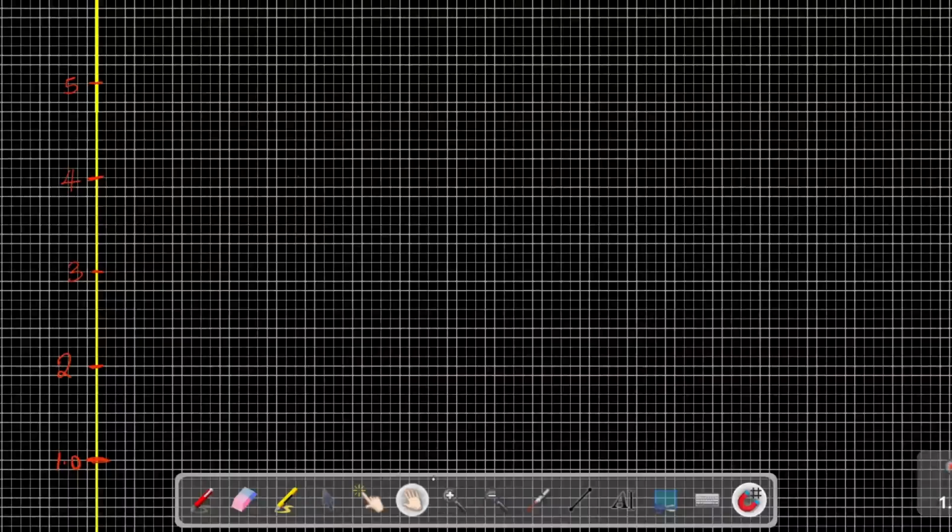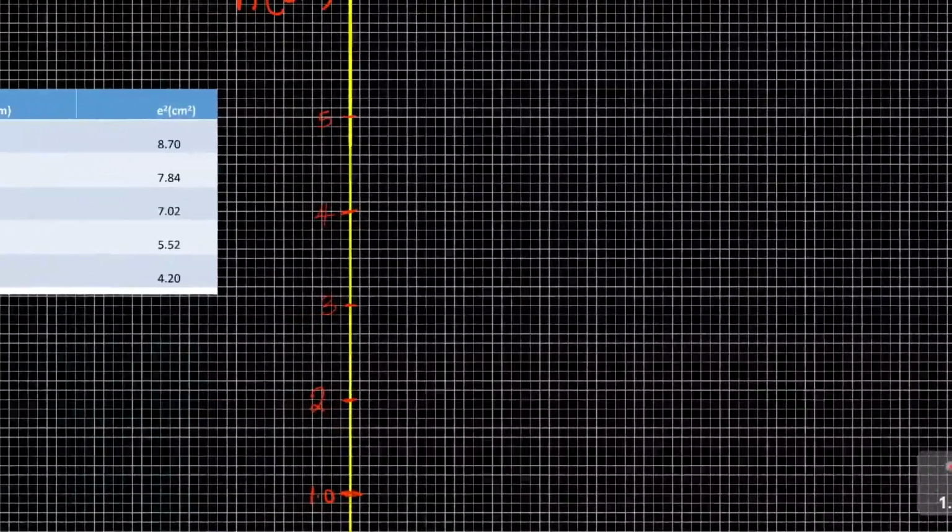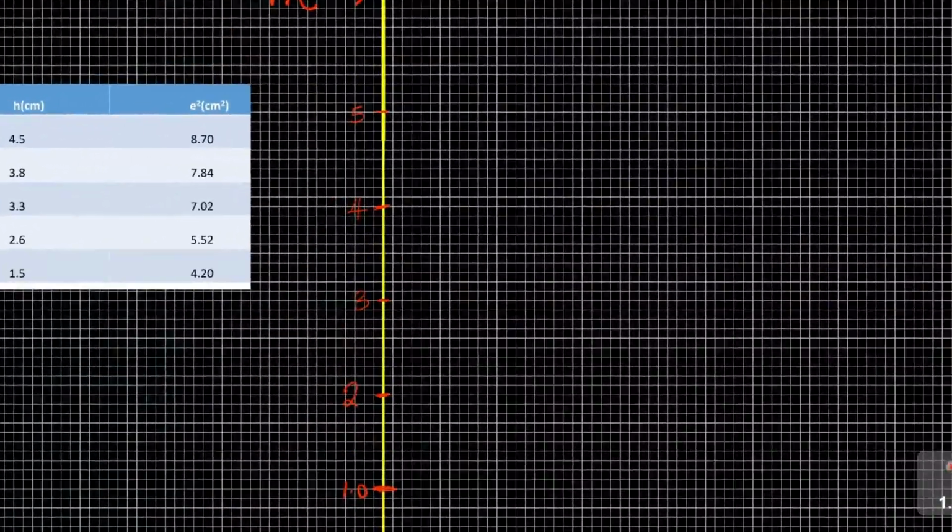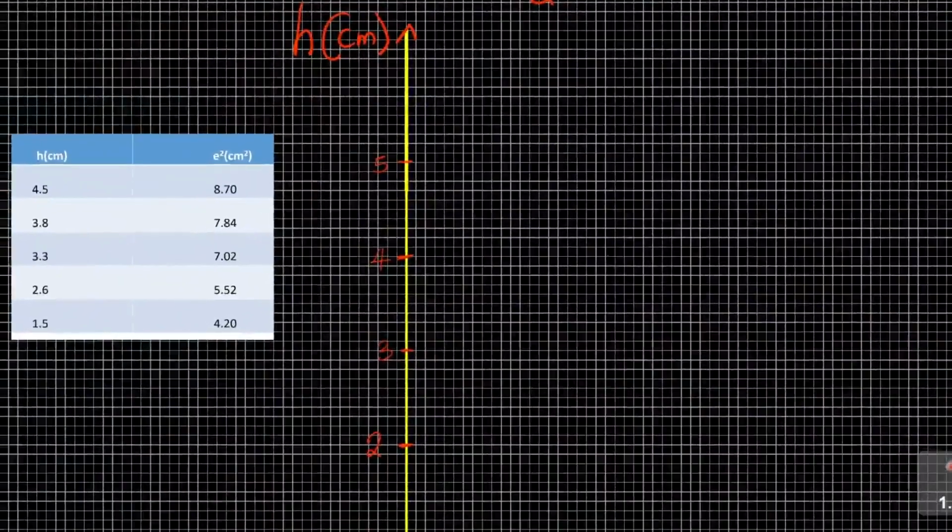All right. So what I will do now is this is the first one, which is 4.5 on the H axis. I'm going to locate 4.5.